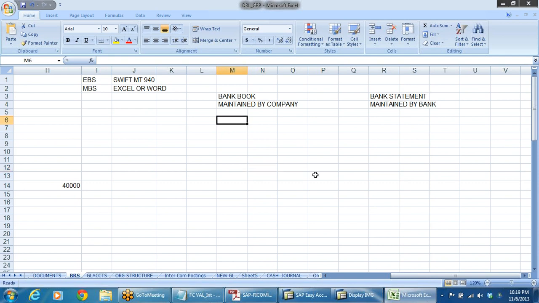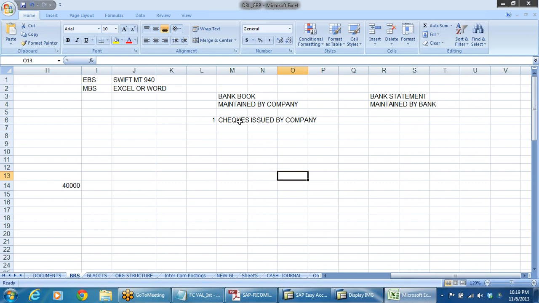checks issued by the company. Say for example, checks issued by the company. See what we do, as soon as we issue a check, we create it. Create means in our bank book, vendor account debited to bank account, meaning the amount will come down.